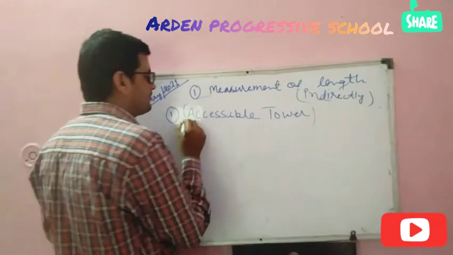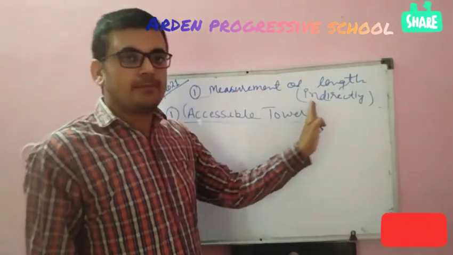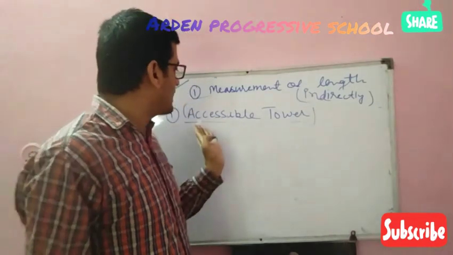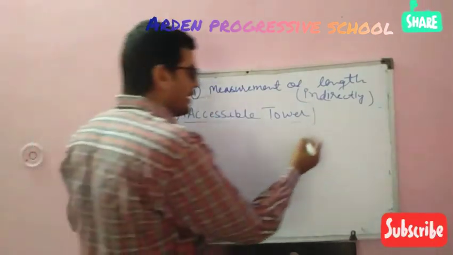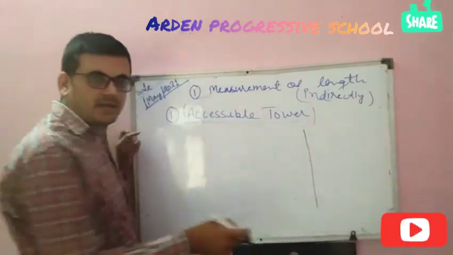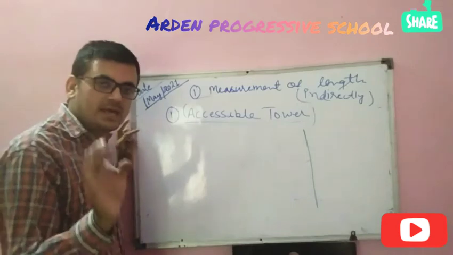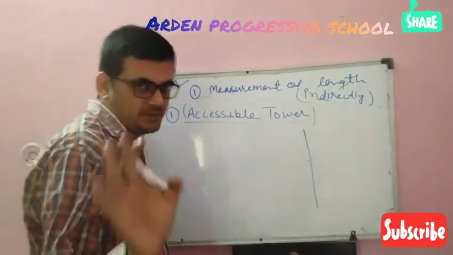Okay student, measurement of length by indirect method for accessible tower. The meaning of accessible tower is the tower whose length can be measured directly, whose length can be measured from the point of observation.